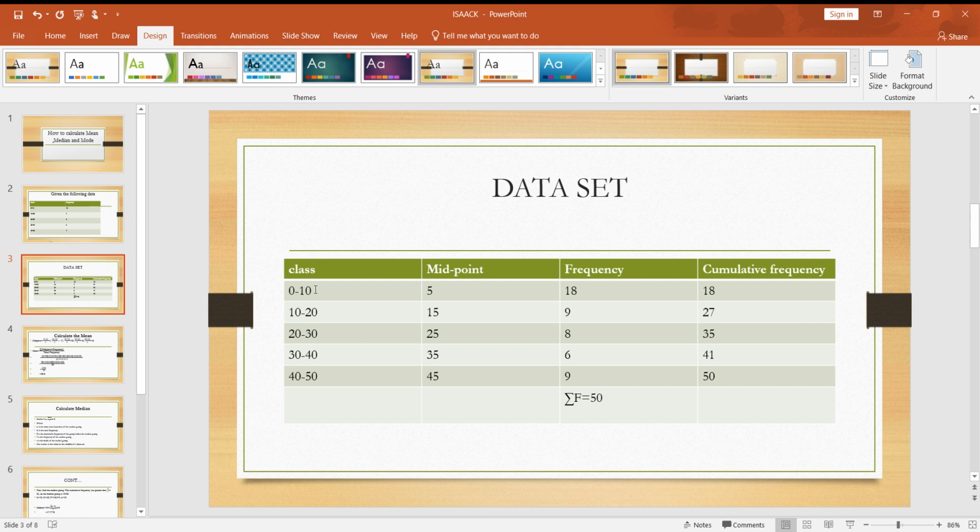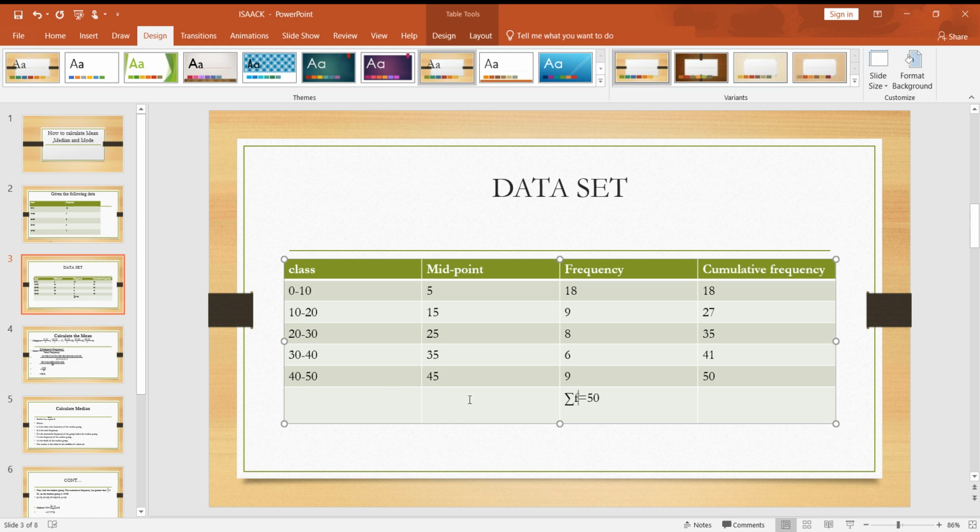Then cumulative frequency will start with 18, then 18 you add 9, you get 27, 27 adding 8, you get 35, 35 you add 6, you get 41, then 41 you add 9, you get 50. Those are cumulative frequency. Then this one should be a small f, because it is frequency.